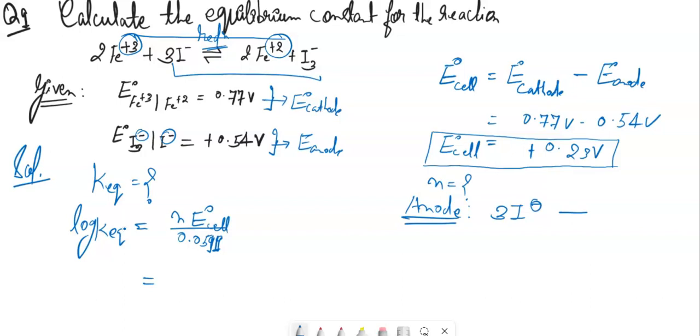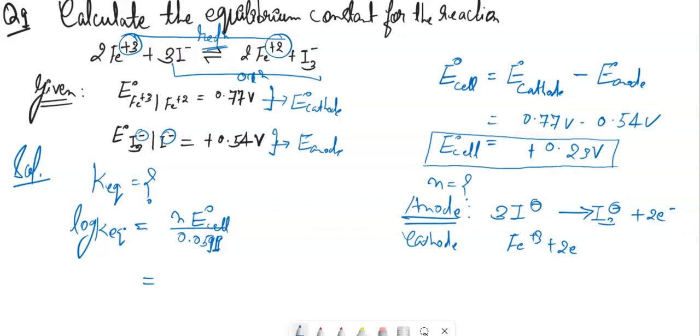Let's see what is happening at the cathode. The Fe³⁺ is taking 2 electrons and converting into Fe²⁺.